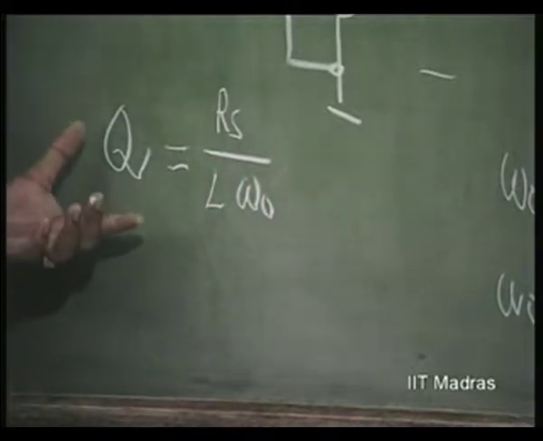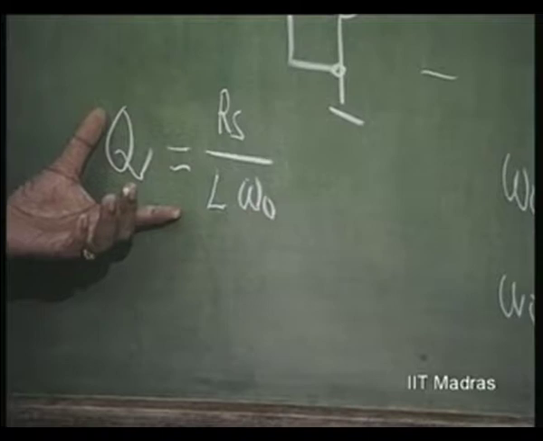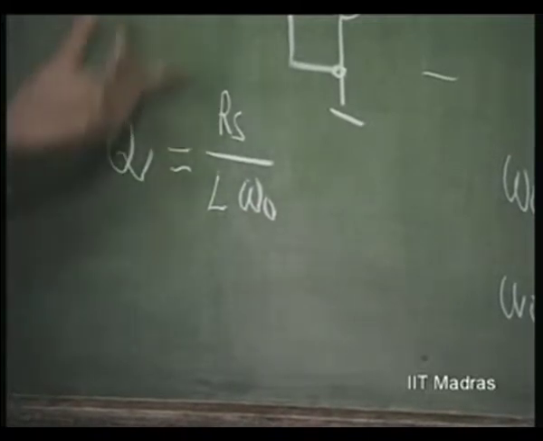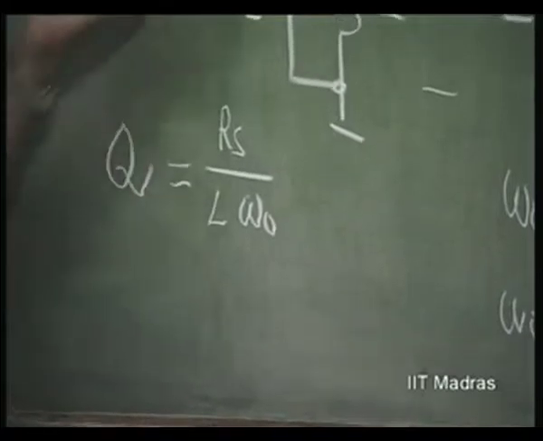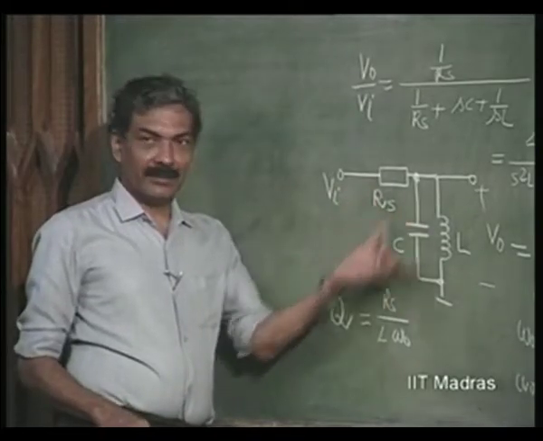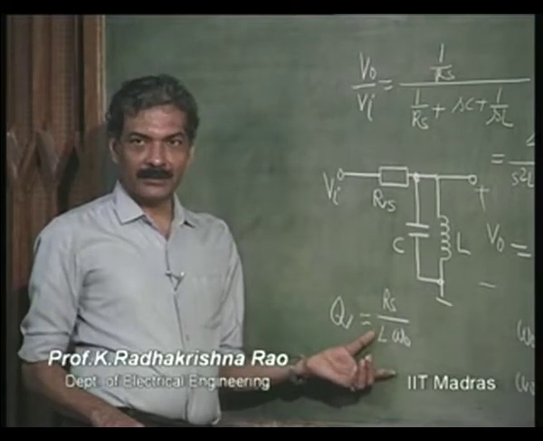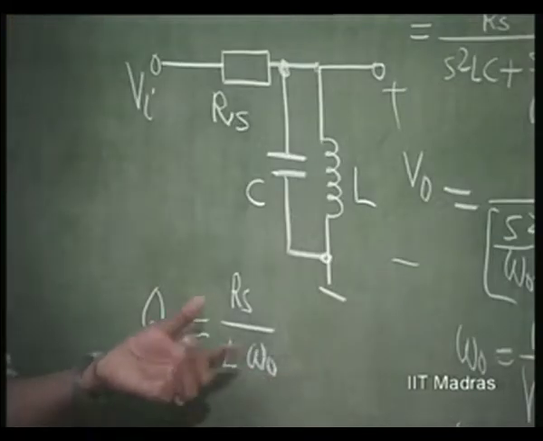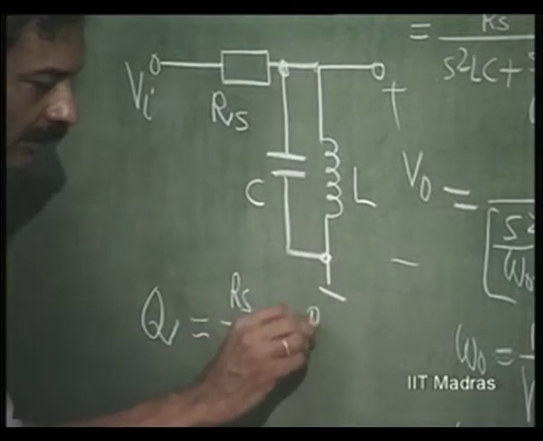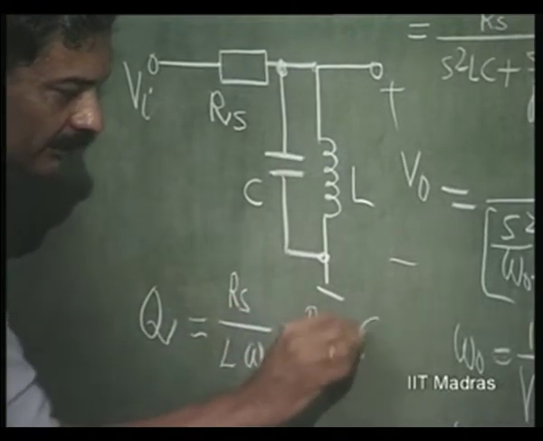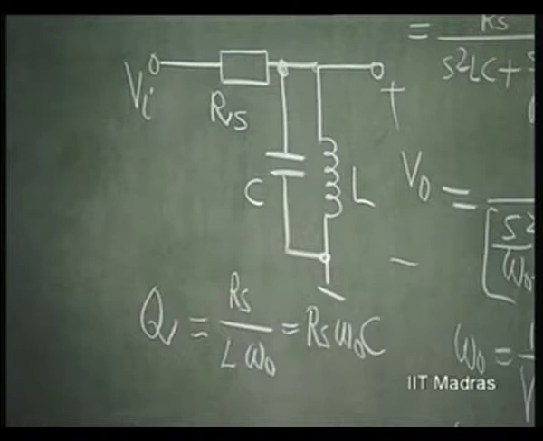Please remember this is the conventional definition for Q of a parallel resonant circuit. Q is always equal to the resistance shunting the parallel resonant circuit divided by the inductive impedance, or this is also equal to Rs into omega naught C, because omega naught C is equal to 1 over omega naught L.